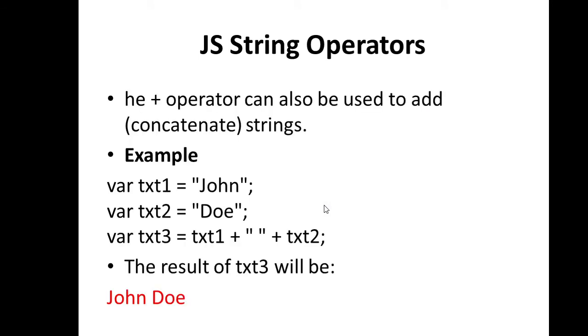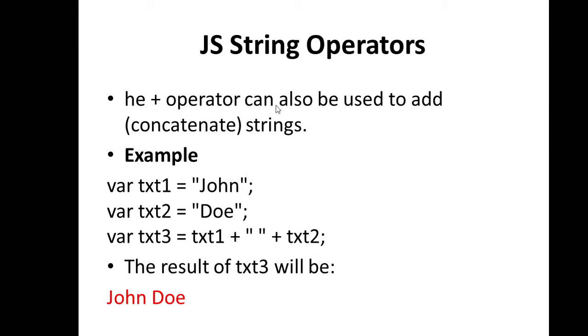JS string operators. The plus operator can also be used to add or concatenate strings. In our example, we have variable txt1 equal to John, and variable txt2 equal to Doe. Then var txt3 is equal to txt1 plus a space enclosed in double quotes, plus txt2.